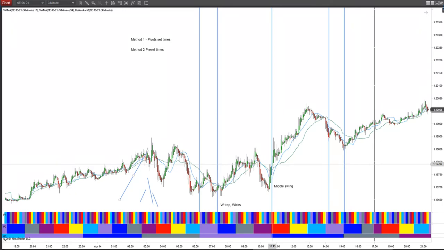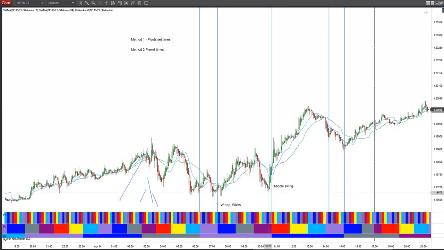This is what we call our other trap scenario, where this indicator gives us the middle of the swing. So what happens when you get a low or high form prior to the timer?